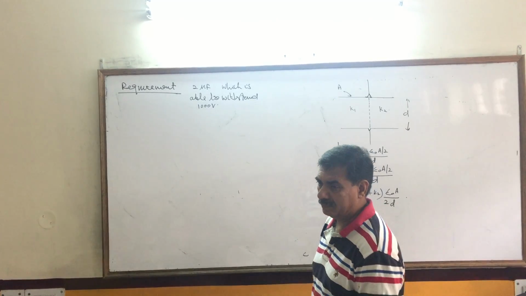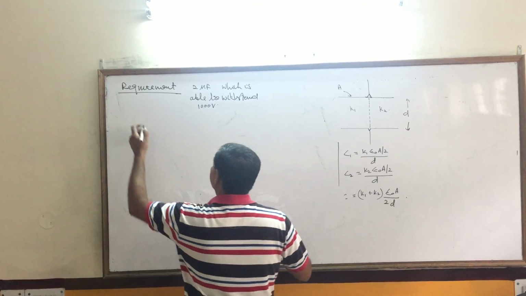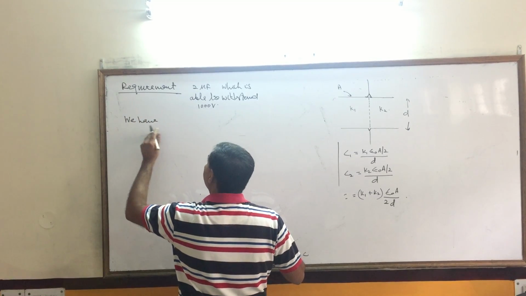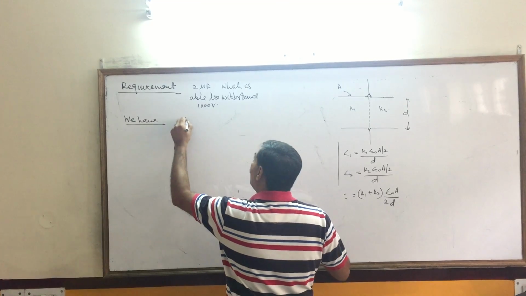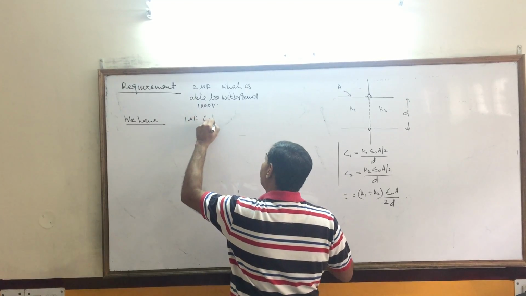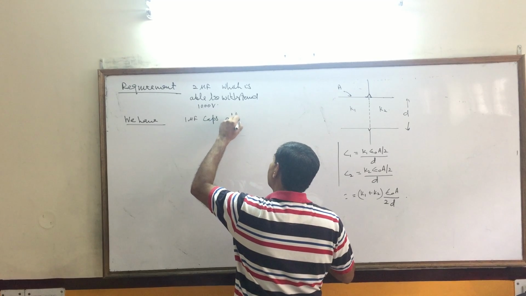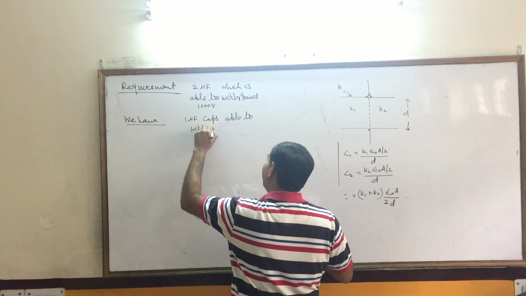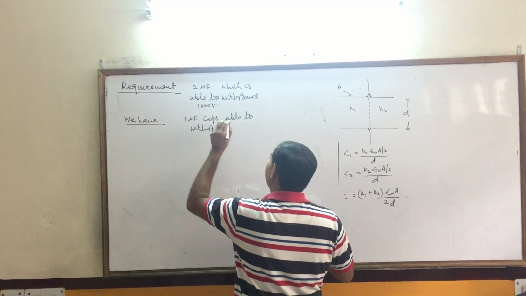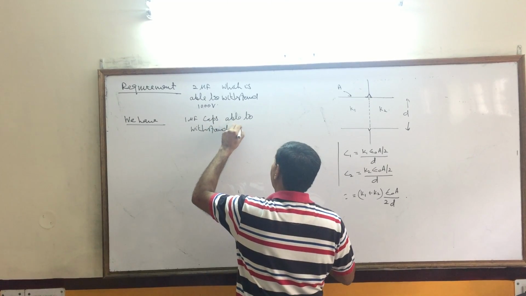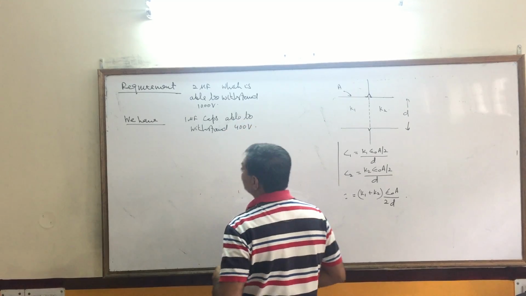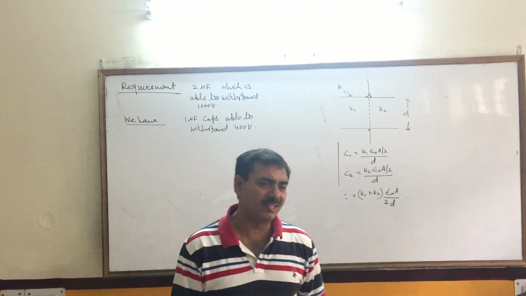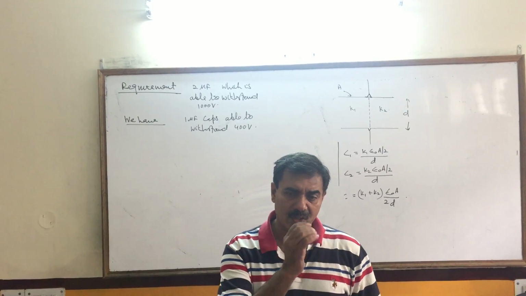So the maximum it can withstand is, this is the requirement. What does he have? A large number of 1 microfarad capacitors are available to him, which is able to withstand a potential difference of not more than 400 volts. We have so many 1 microfarad capacitors, but each can withstand only 400 volts.